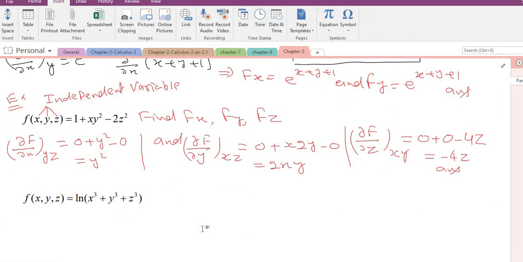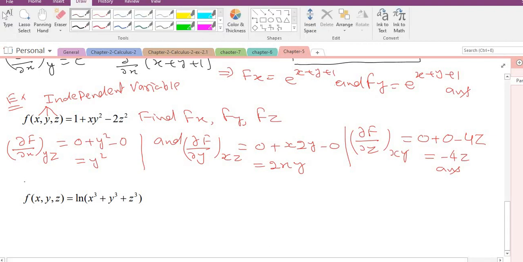Now another type of example from this one is this. If f of x, y, z equal to this, then how to find that? For that one, we need to find f of x, f of y and f of z. For that, again we need to use chain rule.